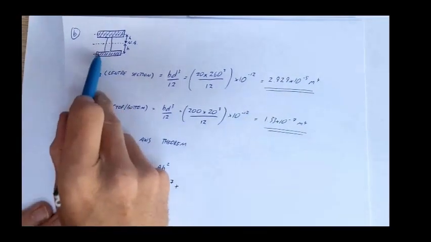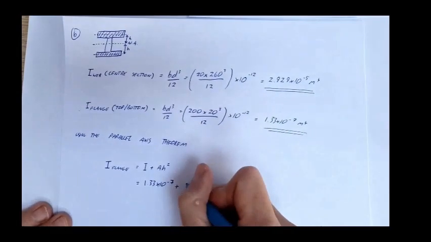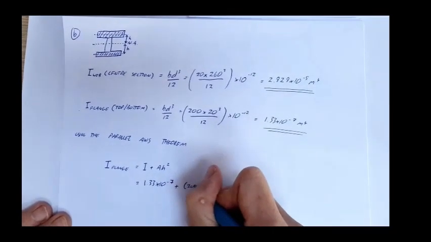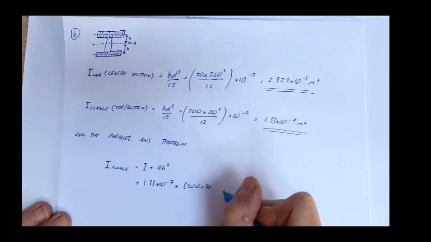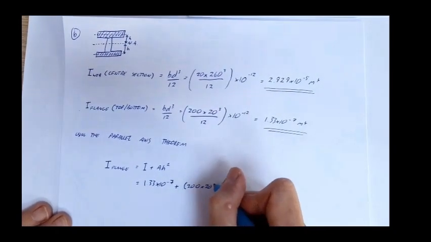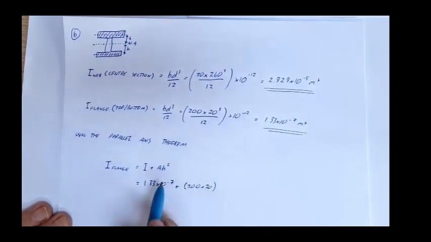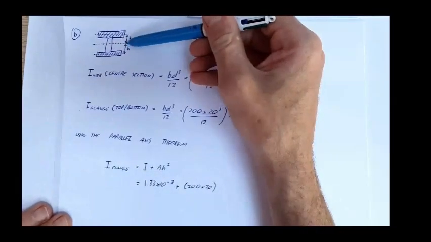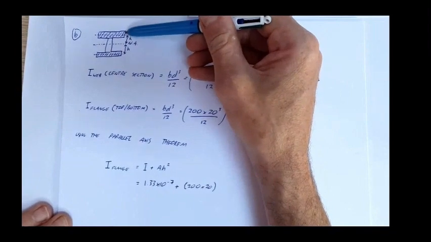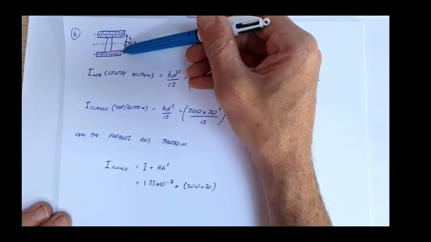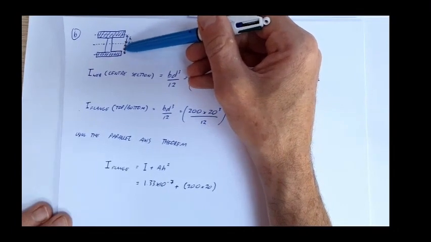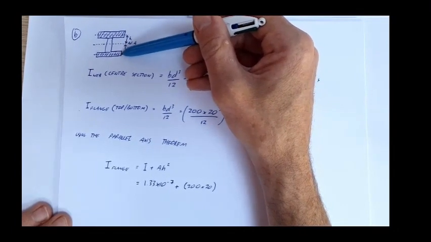One of these rectangles is 200 times 20. And then, so that's the area and the height. So what are we offsetting by? This is 300 mil, so halfway is going to be 150, minus that 10. Remember, this is 20.